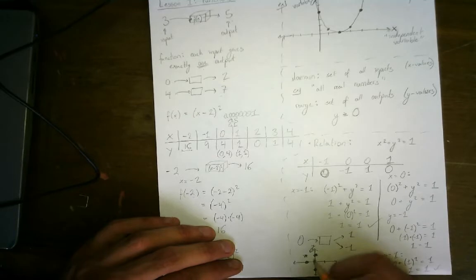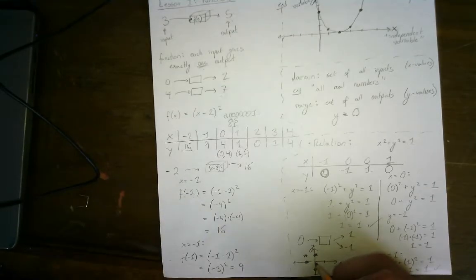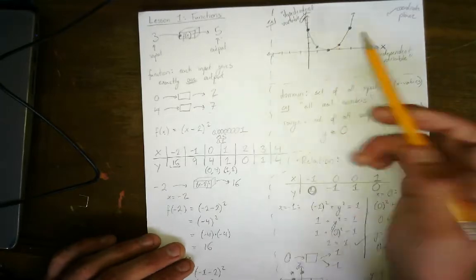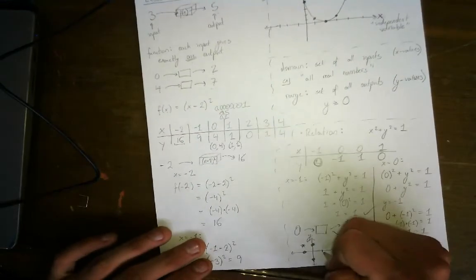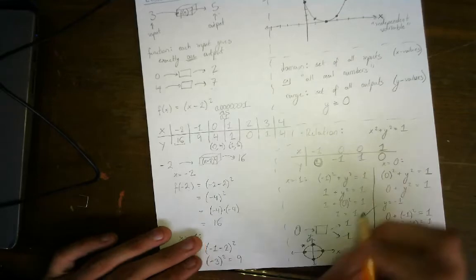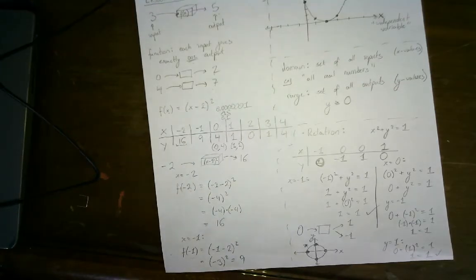So notice how we have a different representation of a function here. Notice how we have two dots stacked on top of each other. We don't have that in our parabola right here. So we have these 4 points, and this is actually going to give us a circle. So it's okay, I know I'm giving you a lot of information here.